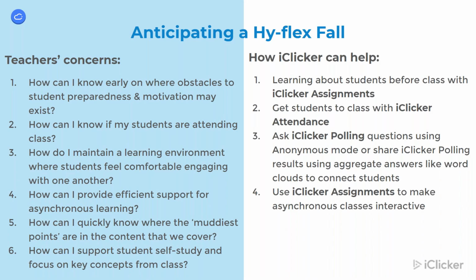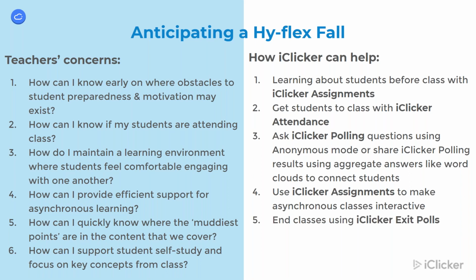If you're going to be doing asynchronous classes this semester, iClicker assignments also helps to make those classes feel interactive and feel more supportive to students that are in it, because they're actually working on something as you're speaking, say in a video, and they're able to make that kind of maybe canned item feel more interactive.